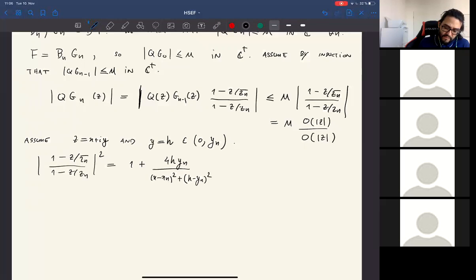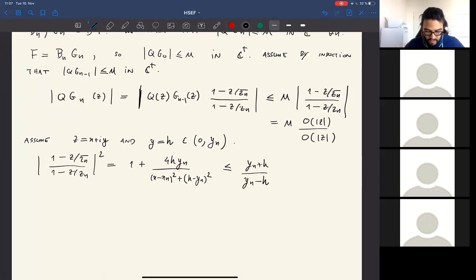Okay, so if I want to maximize this in terms of x, I just take x equals xn, so this would definitely be less or equal than if I just cut this part, and if you just rearrange the terms, what you will get is exactly yn plus h divided by yn minus h.